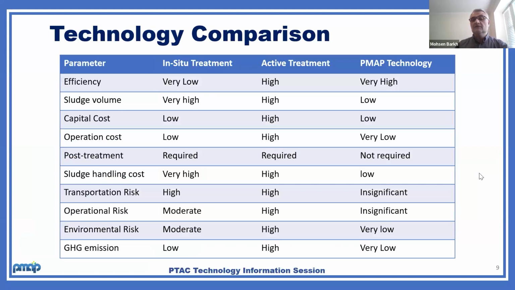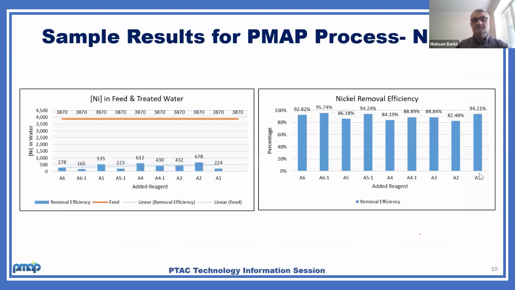Sludge handling cost is very low because the material precipitates in the pond and we don't need to take any immediate action. Transportation risk and operational risk are significantly lower than the other methods because our materials are non-hazardous. Environmental risk is very low because we treat the water inside the pond and nothing can spill or nothing bad can happen with the treated water. And also GHG emission, as I mentioned, is much lower in this particular treatment.